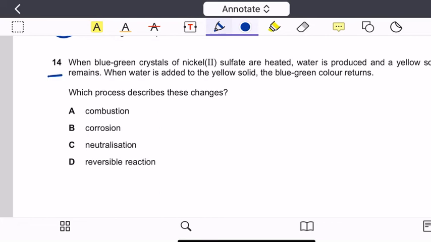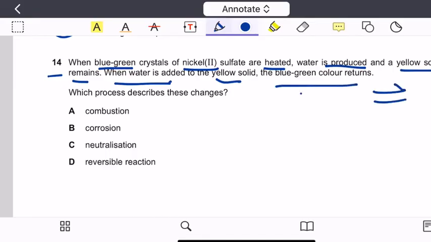Question number 14. When blue-green crystals of nickel sulfate are heated, water is produced and a yellow solid remains. When water is added to the yellow solid, blue-green color returns. This is definitely a reversible reaction. So correct option is, which process describes these changes? Reversible reaction, option D.